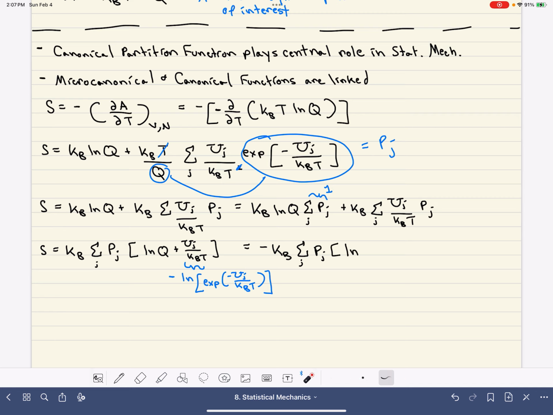Since I factor out a negative from the entire thing, that would make this negative ln of Q. And so then playing around with the log rules, we get this, divided by Q. Okay, and once again, we have this exponential over Q. That, by definition, is P of j.